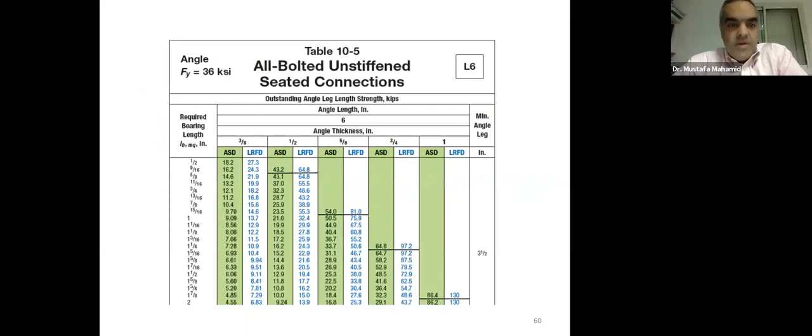That depends on the required bearing length of the beam, the outstanding leg, and then you have the angle thickness given, and then you have the angle length, which is 6 inches, common for all, and based on that you can determine the capacity of the unstiffened seat connection.